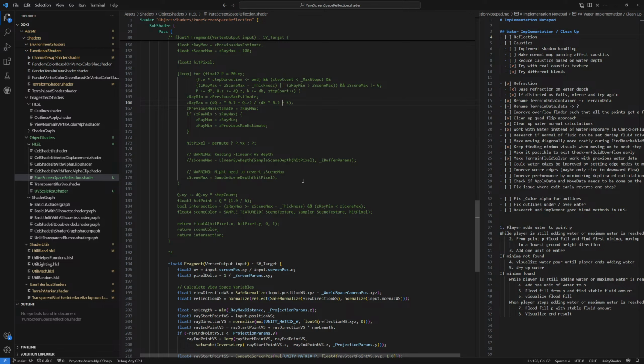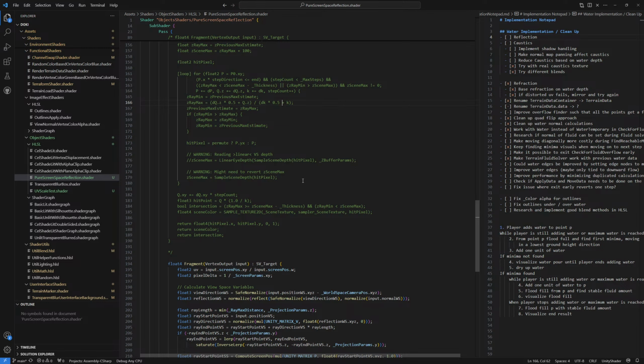But we need to figure out if the difference is big enough for it to actually register. That would be the simplest way, I think.